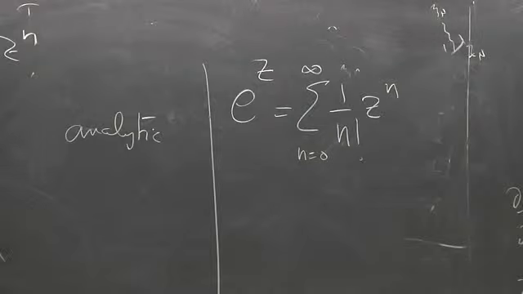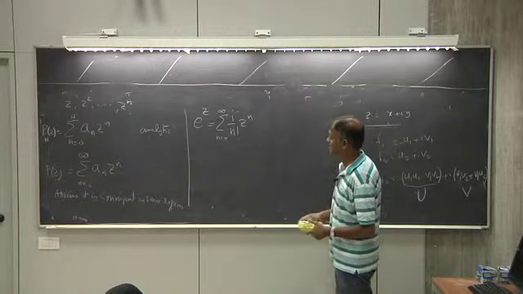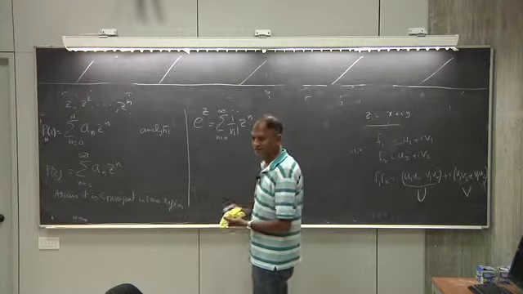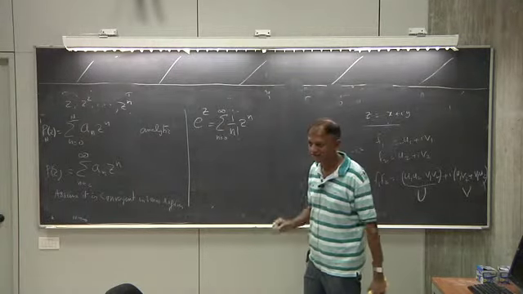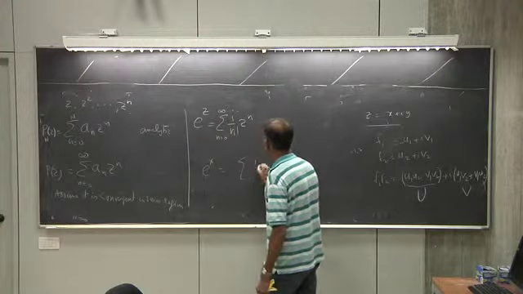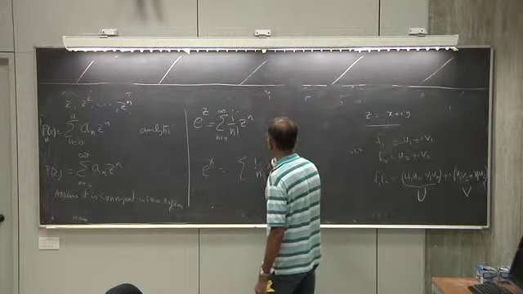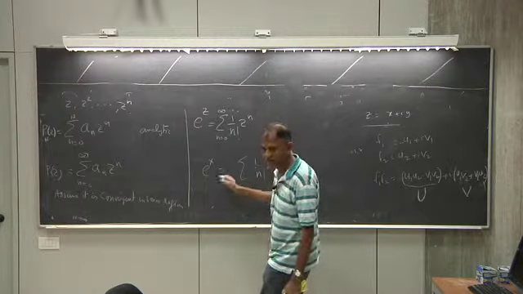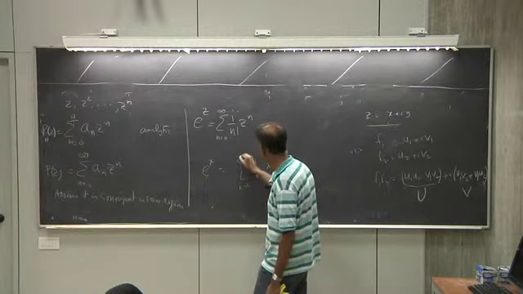But it's a bit more than a symbol. When you write something like this, it's not just a symbol. When you say e to the x equal to that, 1 over factorial n x to the n, for x real, n equal to 0 to infinity, you have seen this, right?